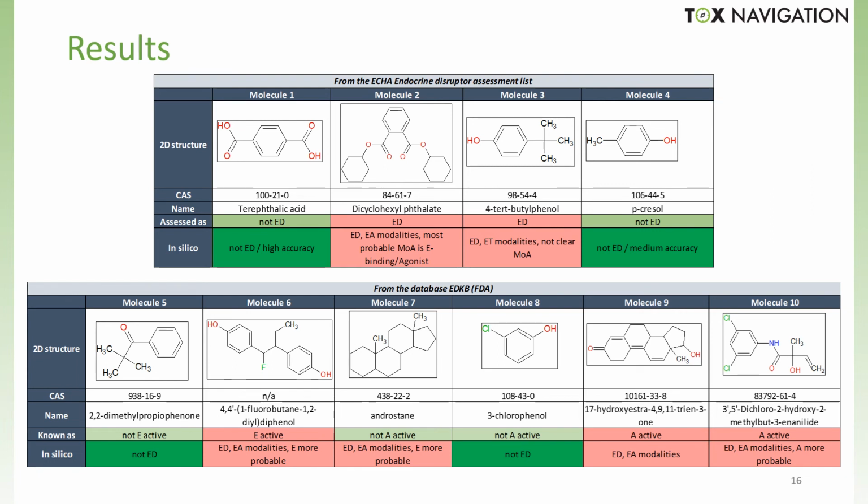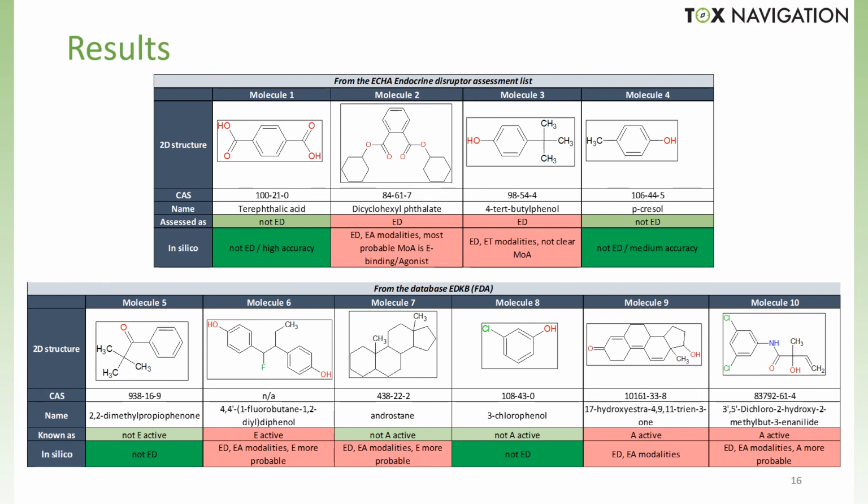If we apply the workflow to the 10 molecules that we have seen before, we see that they are all well predicted except for molecule number 7, for which we know that we have doubts about the experimental assessment that we found in the database, because there is evidence in the literature that indicates an activity towards the estrogen receptor of this molecule.